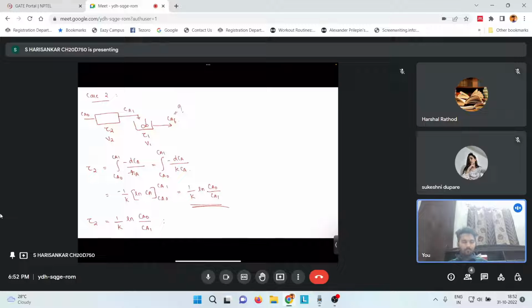We can rearrange this a bit. This will be tau 2K equals ln CA0 by CA1.